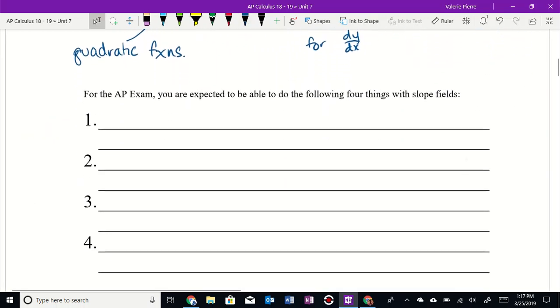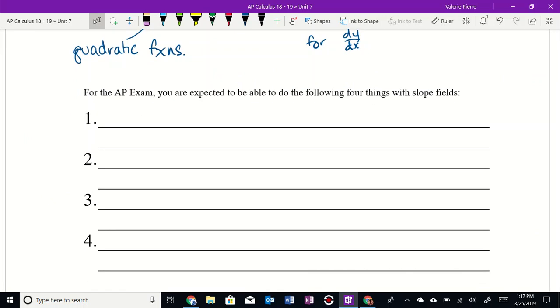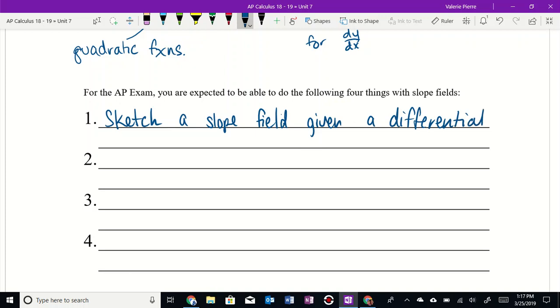For the AP exam, there are 4 things you're going to need to be able to do with slope fields. First, you're going to need to know how to sketch a slope field, which is what we're going to practice in this notes packet, given a differential equation dy dx.